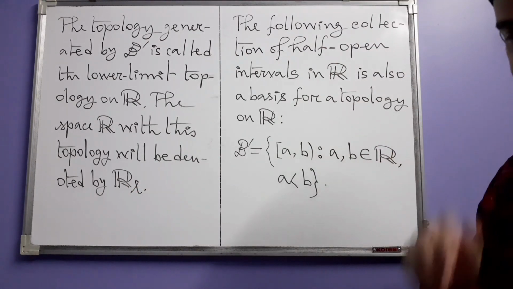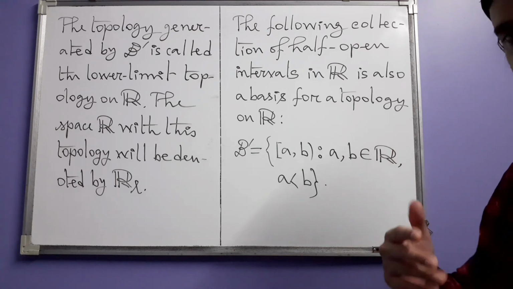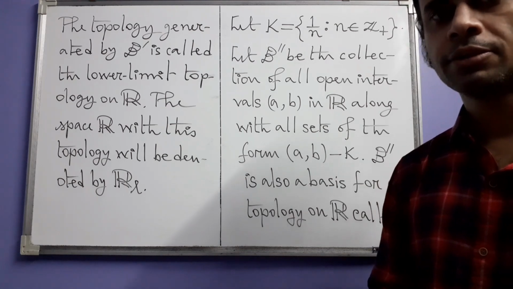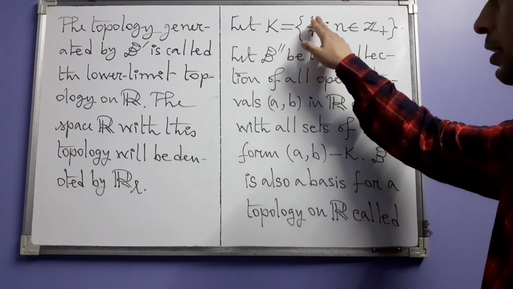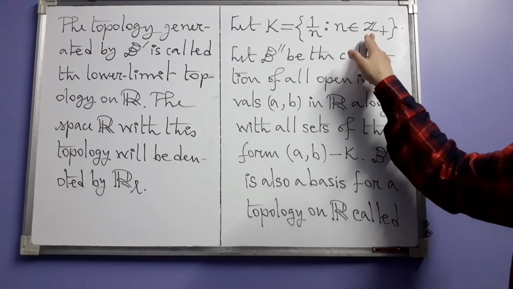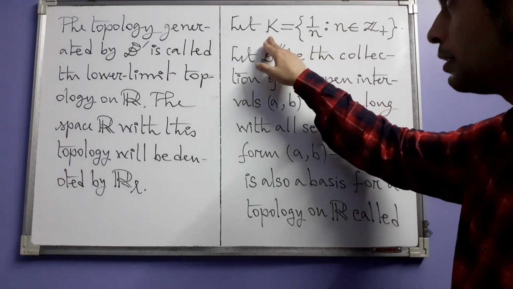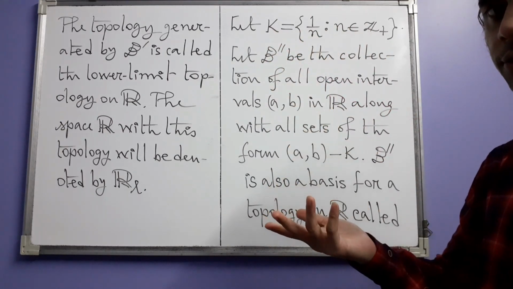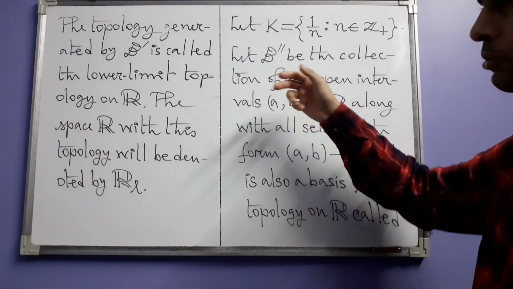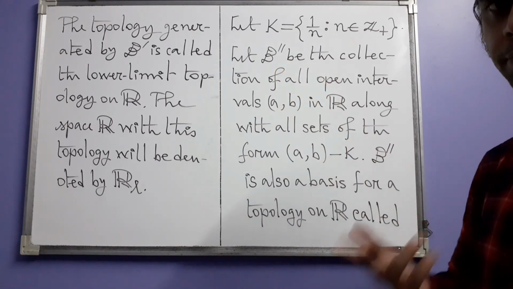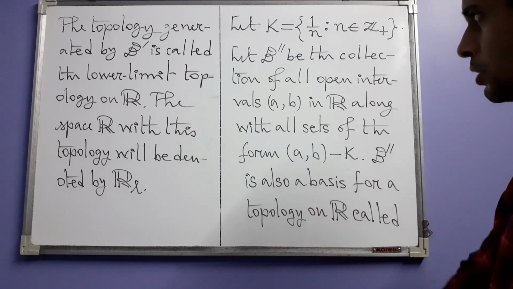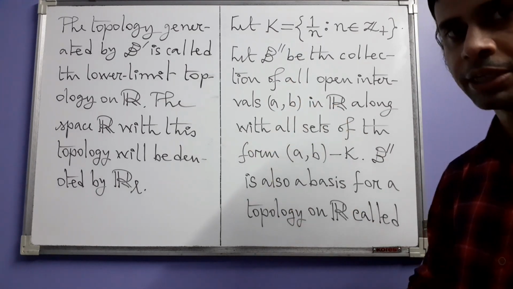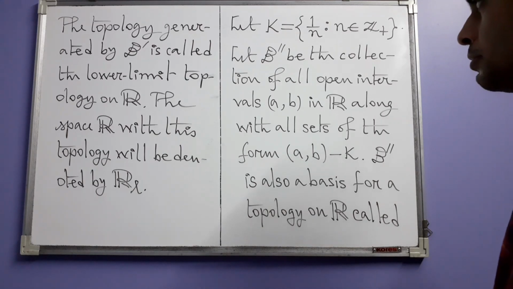And then there is another topology on R, different from these two topologies. To introduce this third topology, we need to first consider the set of the reciprocals of all positive integers. Let us call this set K. Now the collection which we are next going to consider is, let's call it B double prime. Okay. And what are the elements in this collection? The elements are all the open intervals, just like B, but there are other things also.